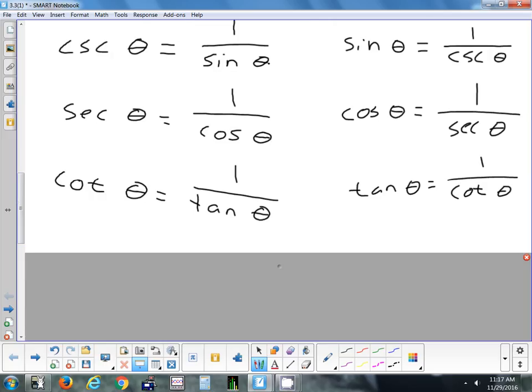So I'm not going to be able to write every single identity in every single possible way. Then there would be a lot. It's kind of like if I said, here's your formula for distance equals rate times time. Or I could say you could write it this way. Well, that's the same thing. You just rearranged it a little bit. Okay? Or I could write it this way.